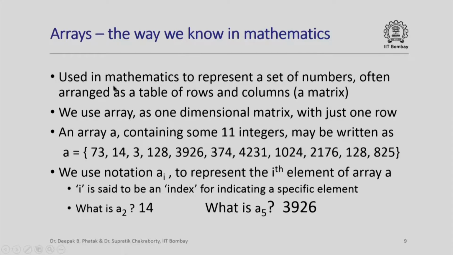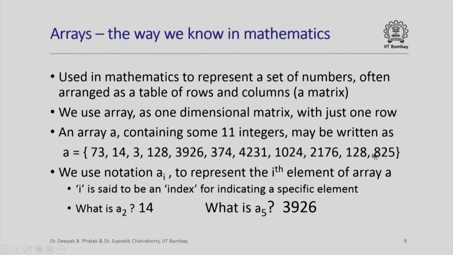We now look at arrays as we know them in mathematics. When we want to represent a set of numbers, often arranged as a table of rows and columns, it is called a matrix. An array is nothing but a one-dimensional matrix with just one row. Now an array A, let us say, contains some 11 integers. We may be able to write it as A equal to 73, 14, 3, 128, etc. These are all 11 values.